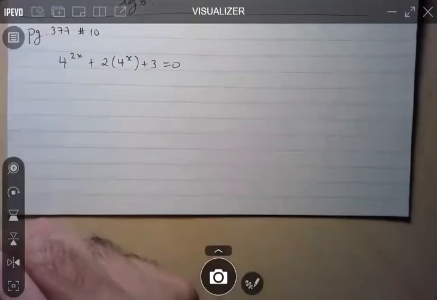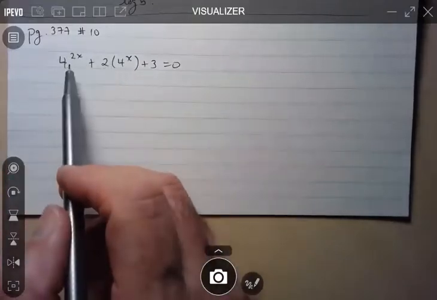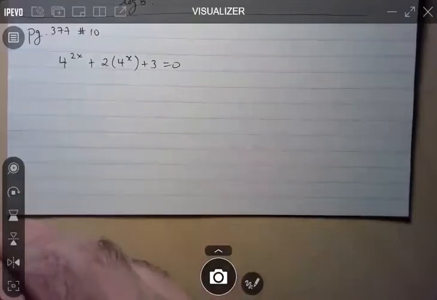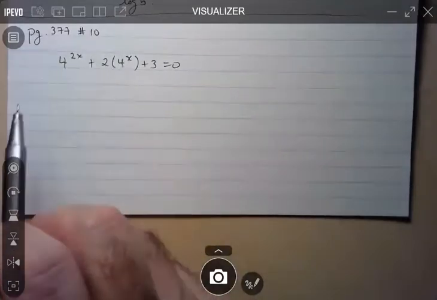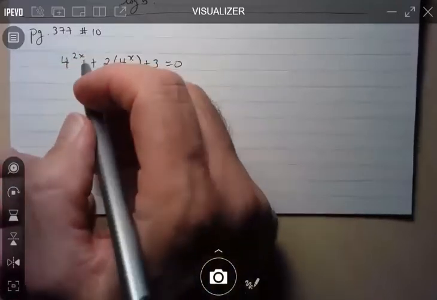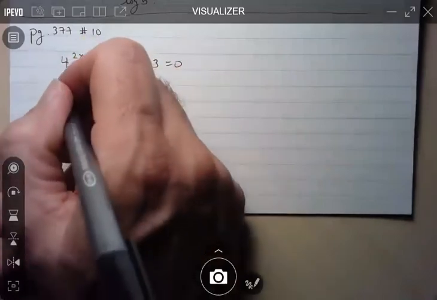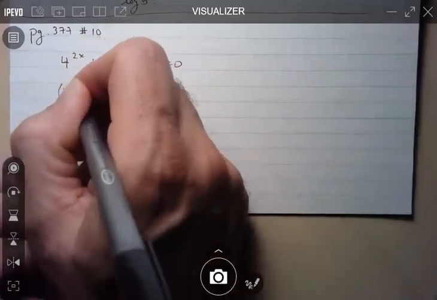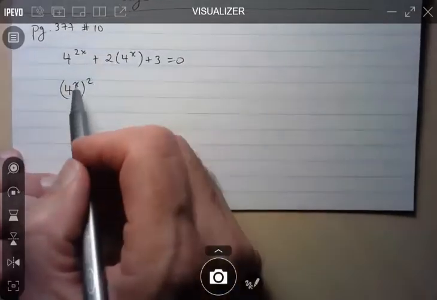So you want to ask yourself, is there a way to rewrite one of these, presumably the more complex one, so it has the exact same power showing up? Hopefully you say, hey, the third law of logarithms, where you multiply the exponents, I can rewrite this as 4 to the x squared, because 2 times x, 2x, they're equal to each other.